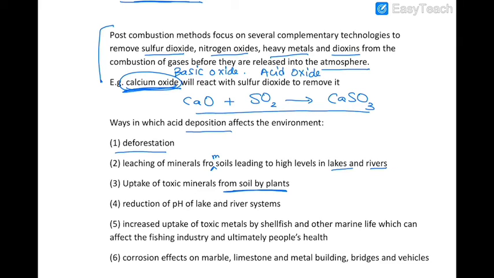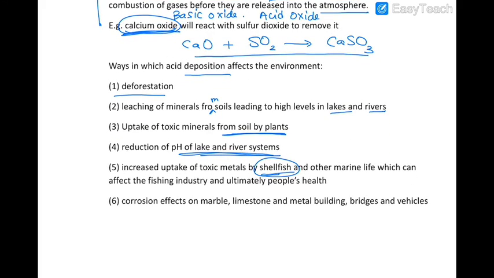Reduction of pH of lake and river systems, so this is going to affect aquatic organisms. Increased uptake of toxic metal by shellfish and other marine life. Shellfish, any organism that produces a shell, are extremely sensitive to pH changes, so this can affect them.